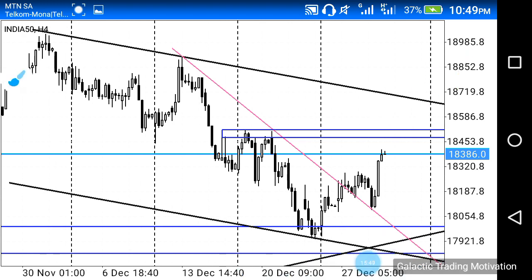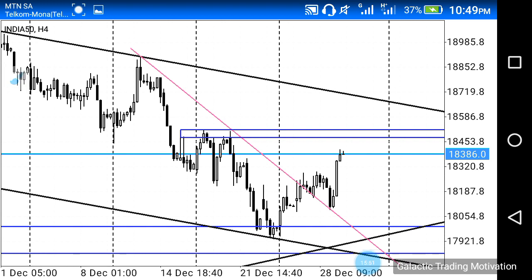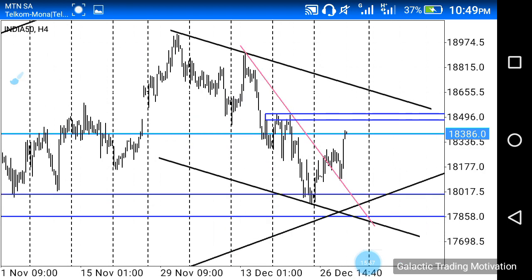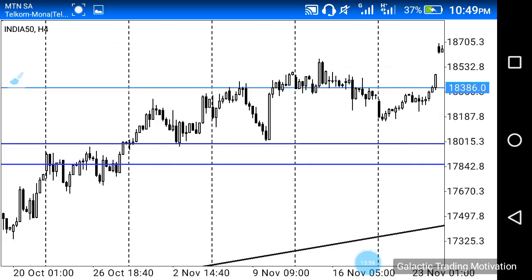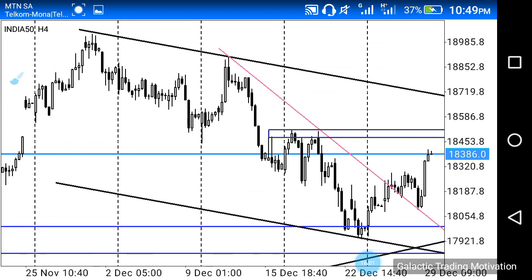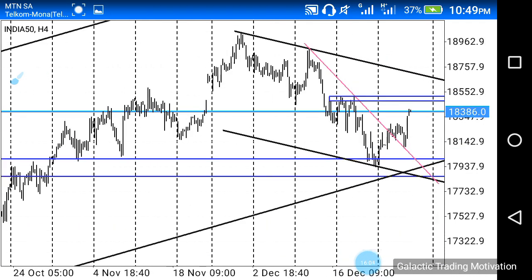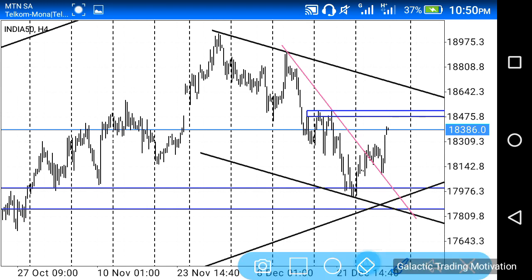So that is it, guys. And as far as my analysis goes, I hope it makes sense. Just to repeat what I've just said, as much as I said, guys, that we have this pattern over here, which is a head and shoulders pattern, right?